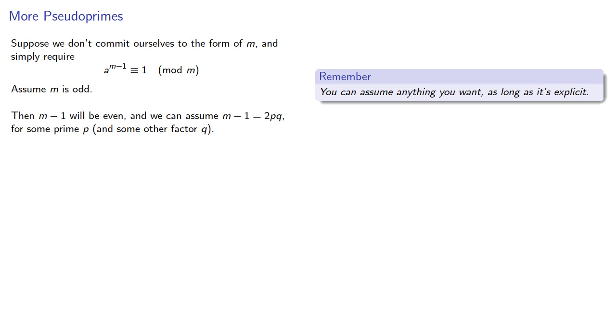We don't really care about that other factor. And so that means a to the power 2pq is congruent to 1. And let's again assume that a to the power 2p is congruent to 1. So that means m is going to divide a to the power 2p minus 1.